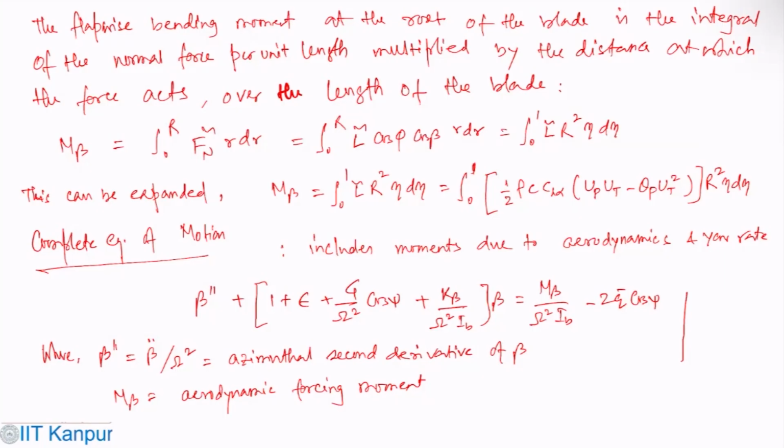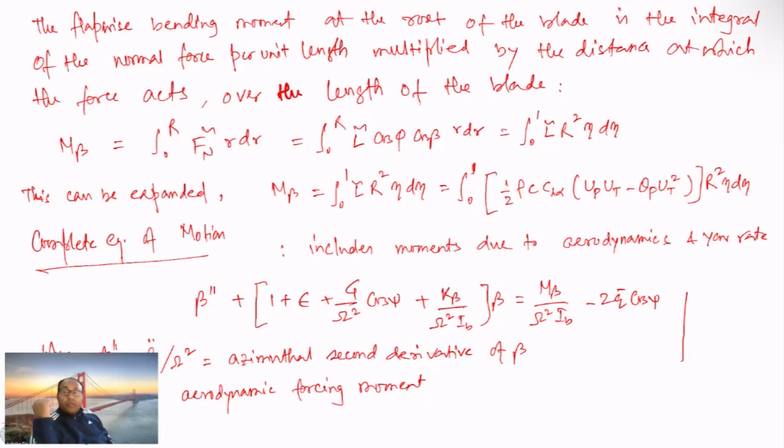This takes care of the moment due to yaw rate or moment due to aerodynamic forces. So in terms of the second derivative of beta, we get the complete equation of motion.